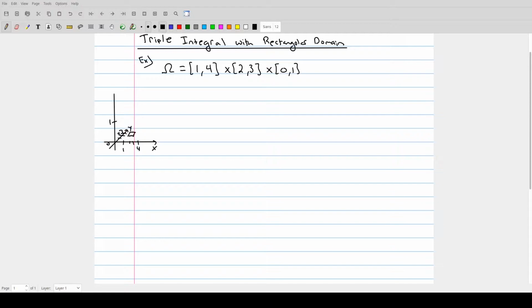So in general, we're integrating over some region omega that looks like this, a rectangular region in 3D.